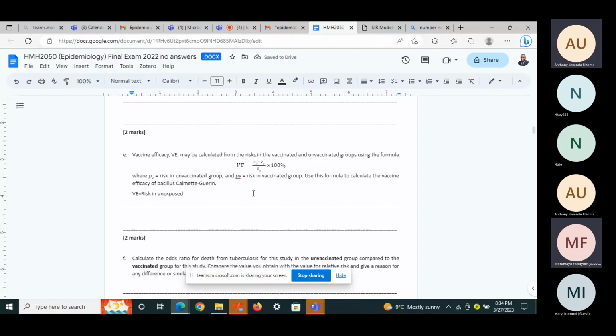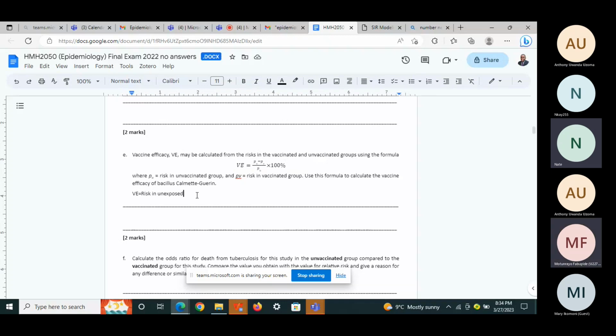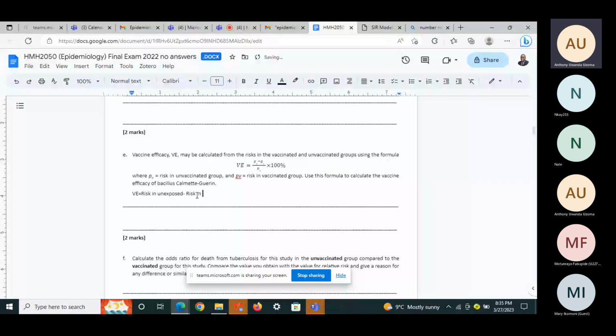So I'm just trying to interpret this formula here. It's very small. So risk in unexposed minus risk in exposed or in vaccinated. Then you divide everything by risk in unexposed. So that's the meaning of that formula.